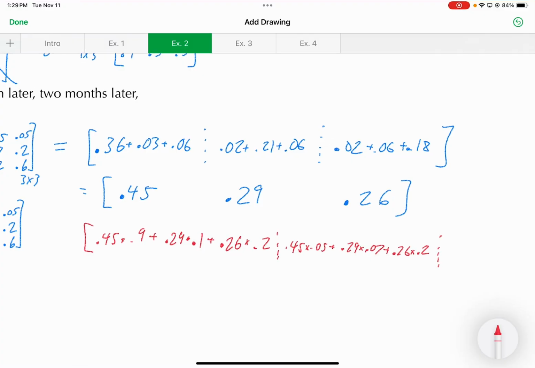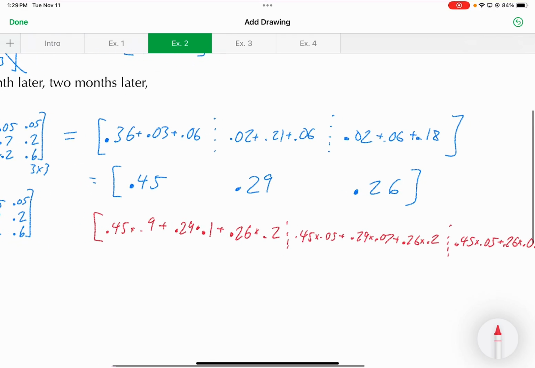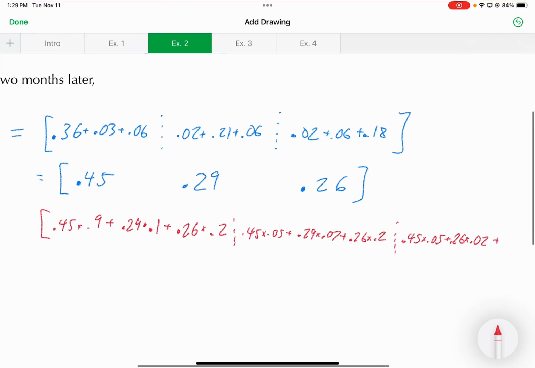And then I got to do my final values. So 0.45 times 0.05 plus 0.29 times 0.02 plus, no, it was 0.29, wasn't it?